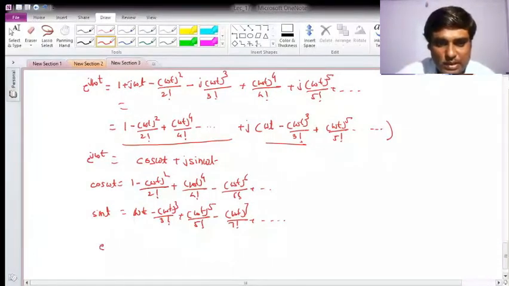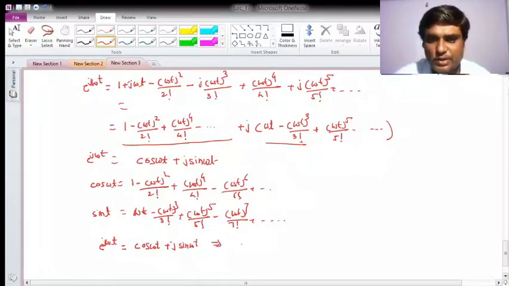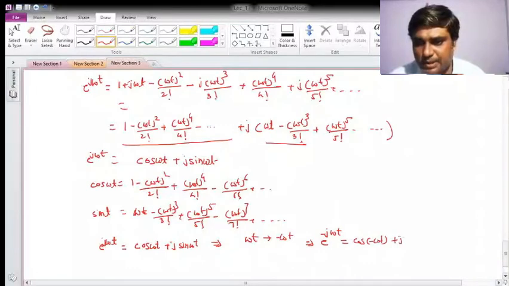So now I can write e raised to j omega t equals cos omega t plus j sin omega t. Similarly, let me write what happens if omega t is replaced by minus omega t. It will be e raised to minus j omega t, which is cos of minus omega t plus j sine of minus omega t.